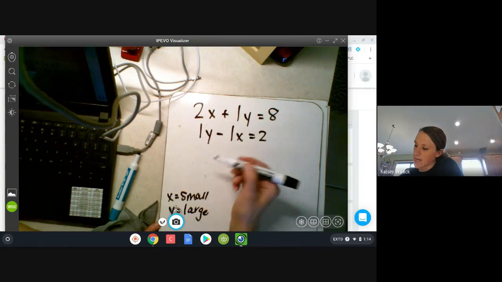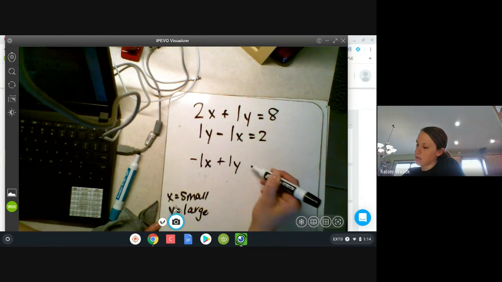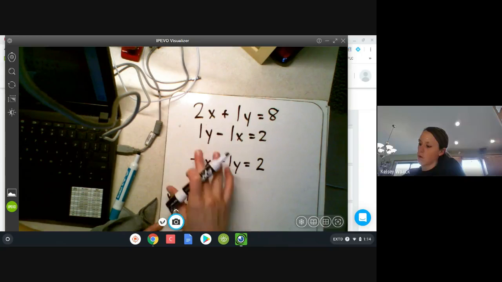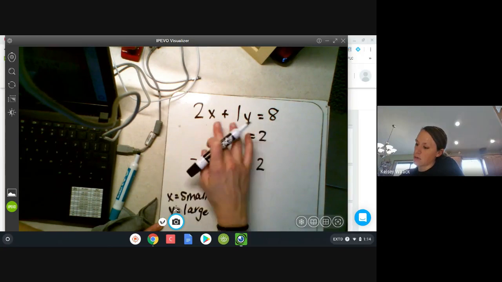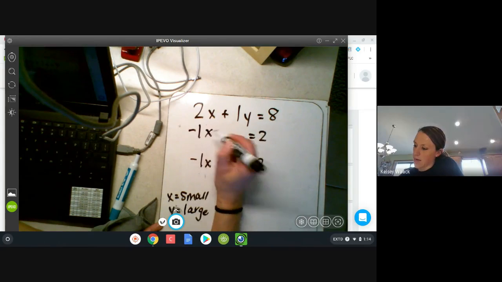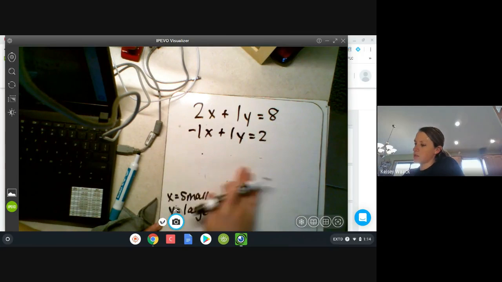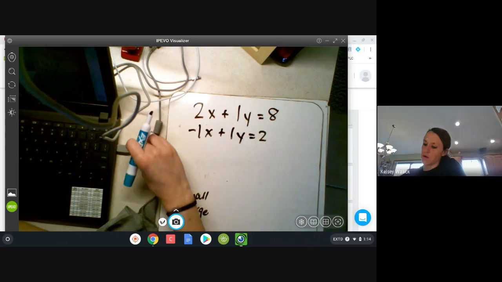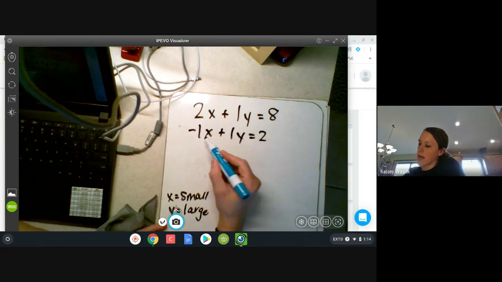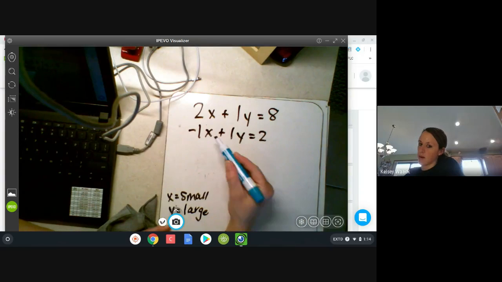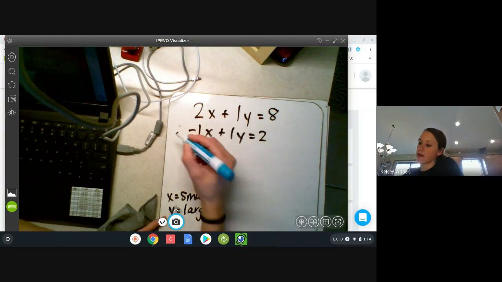I could rewrite this as negative 1x plus 1y equals 2, right? This means the same thing as that, doesn't it? Okay, so let's rewrite that. So negative 1x plus 1y equals 2. Now, in order to eliminate one of the variables, should I add or subtract this to the first one? We're going to subtract.